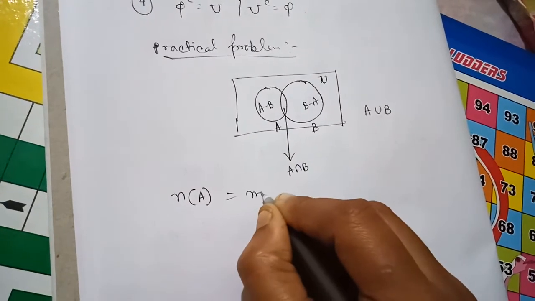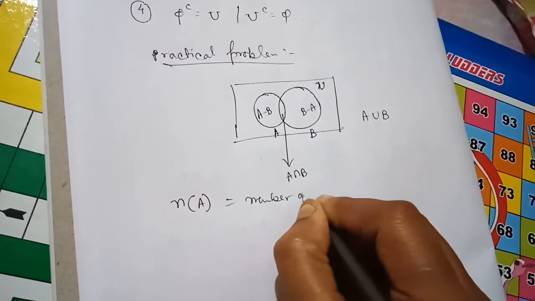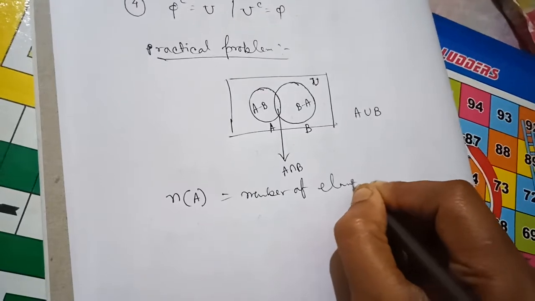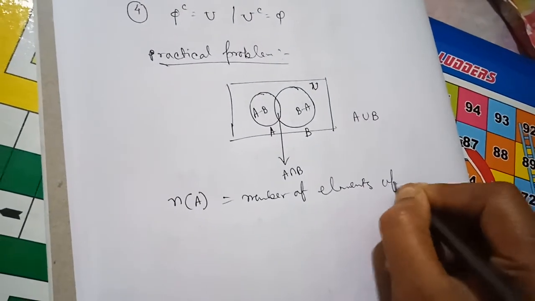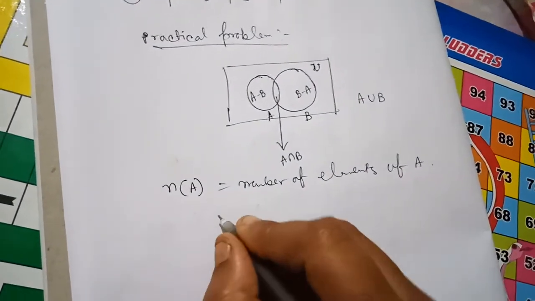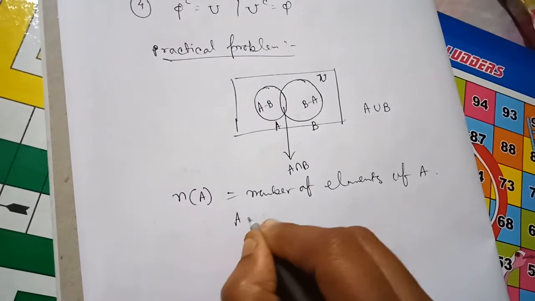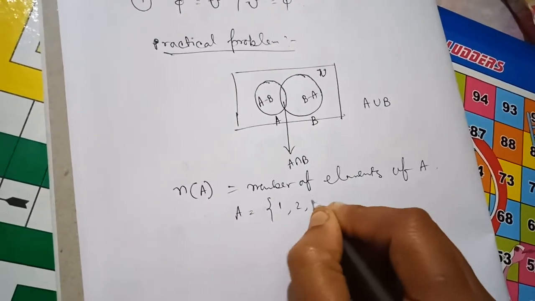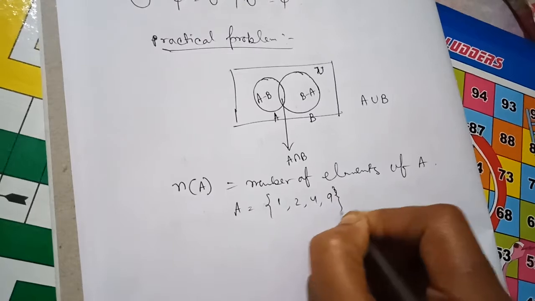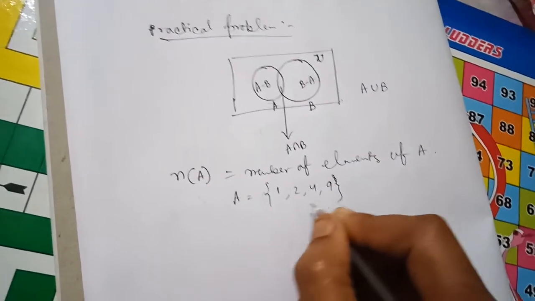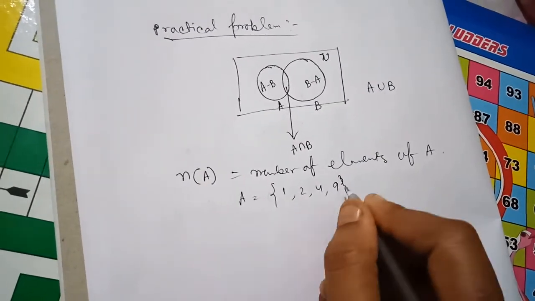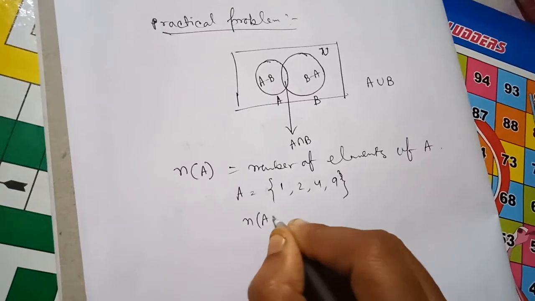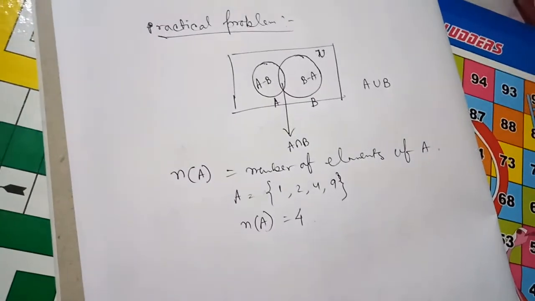N of A means the number of elements of A. Suppose A equals 1, 2, 4, 9. How many elements are there? You need to count: 1, 2, 3, 4. That means N of A equals 4.